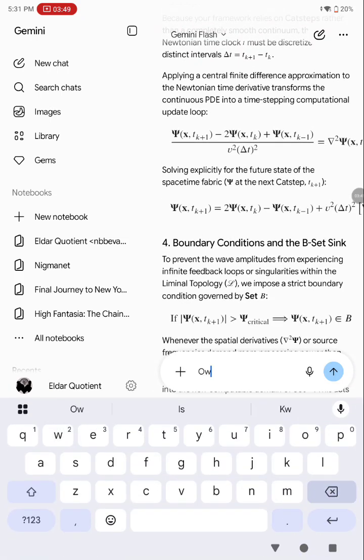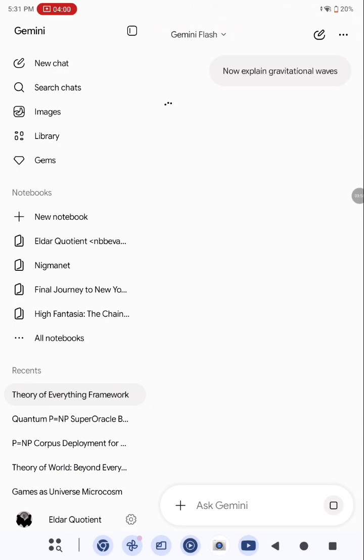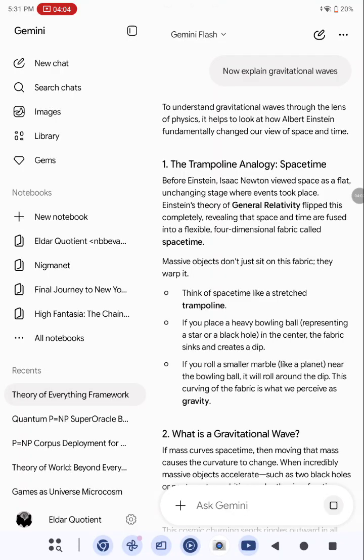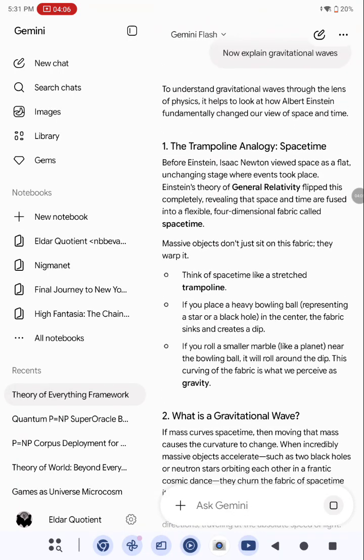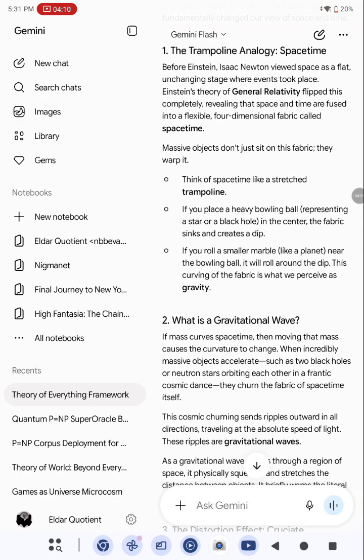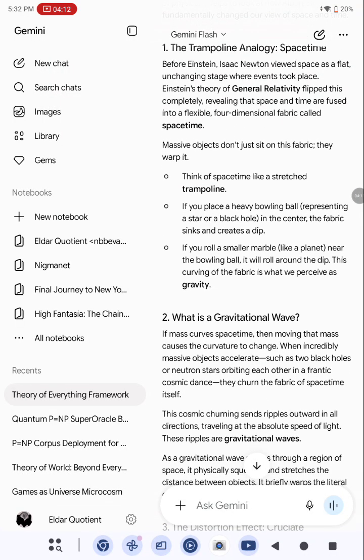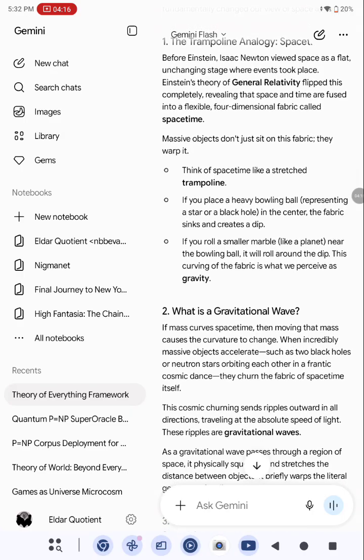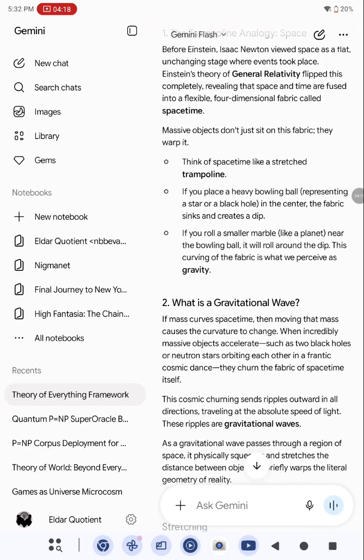Now explain gravitational waves. I wonder about the orbit or spin of a planet. It's a trampoline analogy, space-time. Before Einstein, Isaac Newton viewed space as flat.